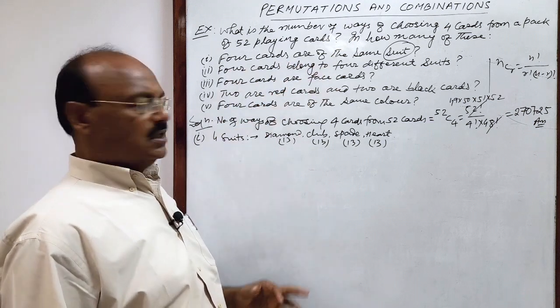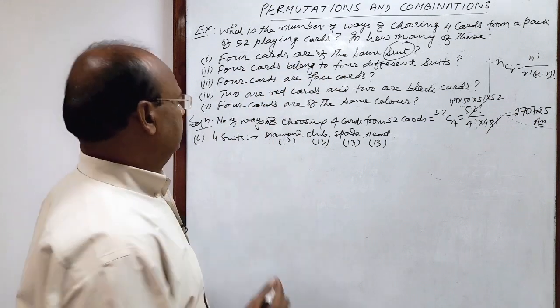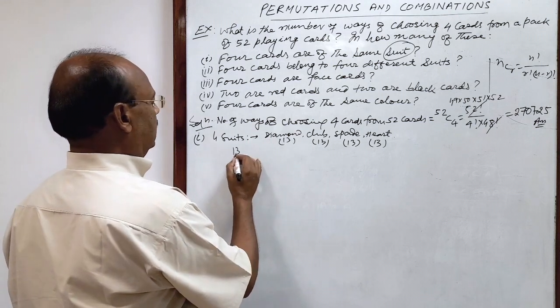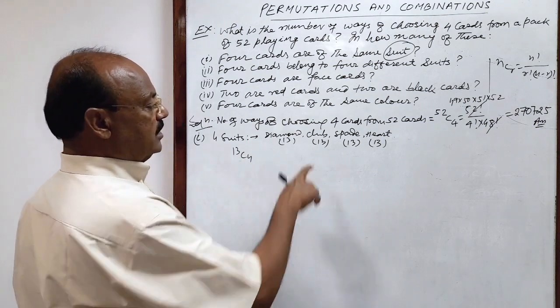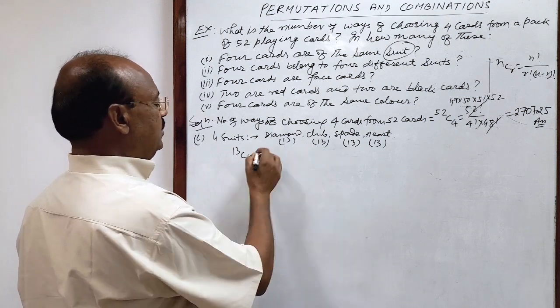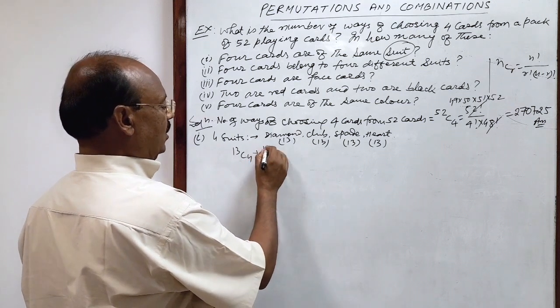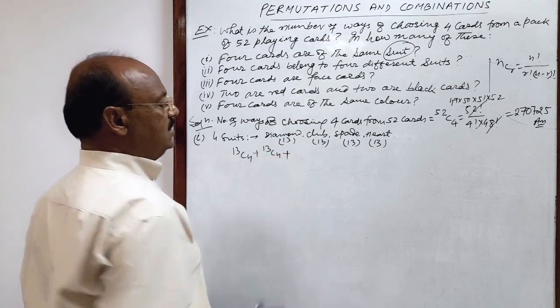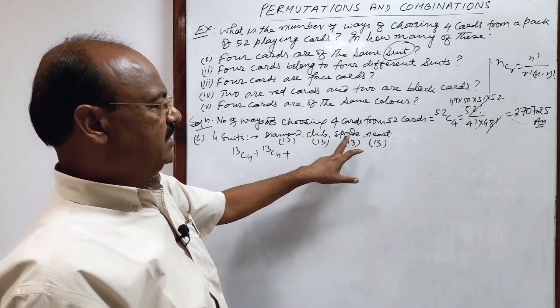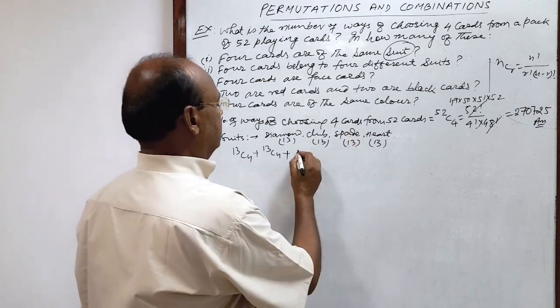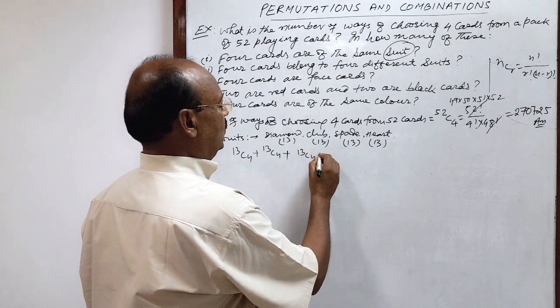If 4 cards are selected from diamond, this will be 13C4. If these 4 cards are selected from club, this will be added together, 13C4. Plus, if 4 cards are being selected from 13 spade cards, then again this will be 13C4.